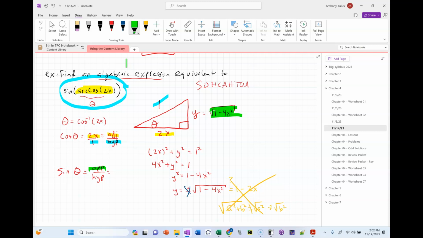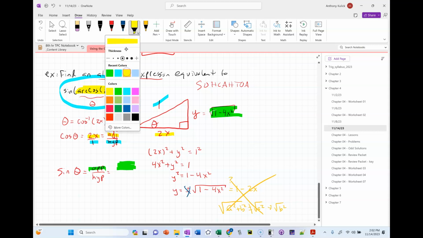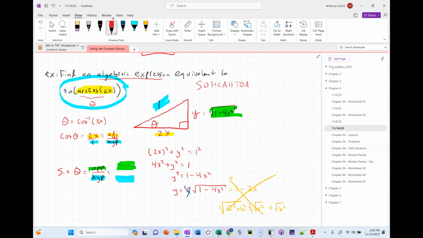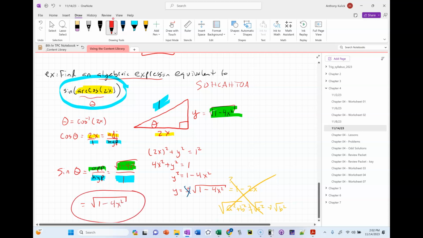Well, we'll write it in terms of x. Square root 1 minus 4x squared. And what is the hypotenuse? 1. So if I reduce that, just the square root of 1 minus 4x squared.